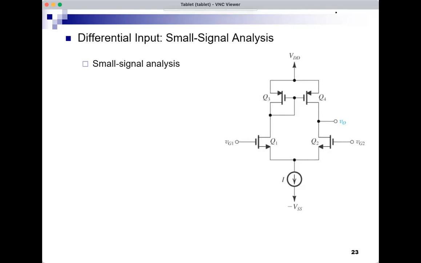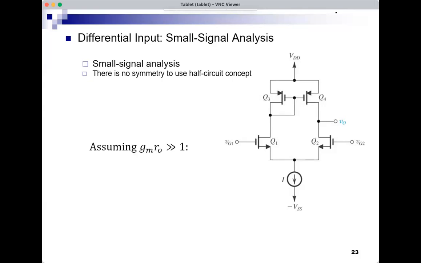It's just a circuit where we can't recycle previous results, so we'd have to do a full small signal analysis. So it's kind of annoying. But if we do that, we can show the following.